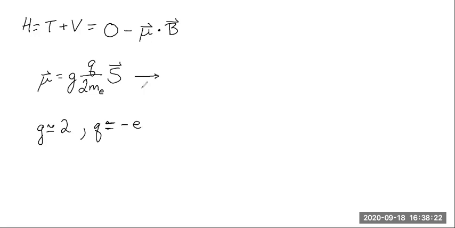So for an electron, such as, for example, the single valence electron in the silver atom, this mu becomes 2 divided by 2, so those 2's cancel, and I get minus e over the mass of the electron times the spin.